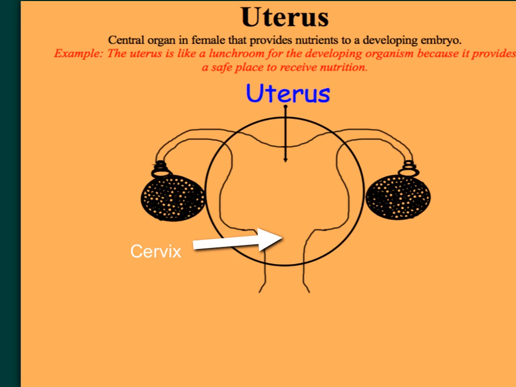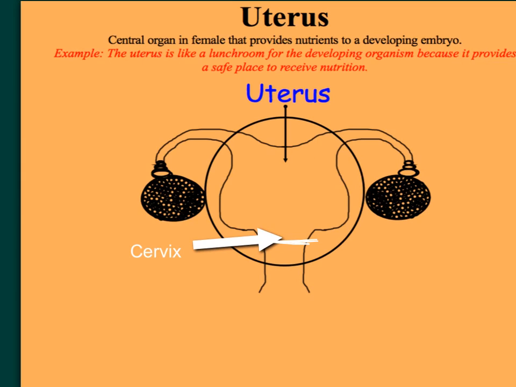All right, this circled area here is the uterus, and then right here, this is the cervix. The uterus is the central organ in the female's body that provides nutrients to a developing embryo. Kind of like a lunchroom for the fetus, because it provides a safe place to receive nutrition.